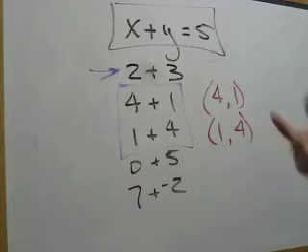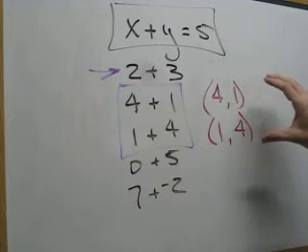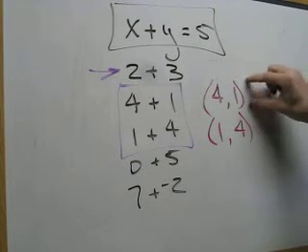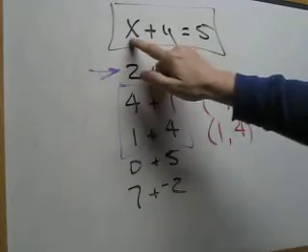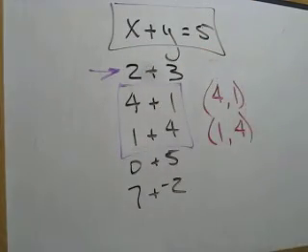Even though we're adding those two together and getting 5, by switching them it changes. So these are two completely different ordered pairs because the x changes and the y changes depending on which ordered pair you're looking at. And that will make a lot more sense later on as we start graphing. But right now, just suffice it to say that these are not the same.